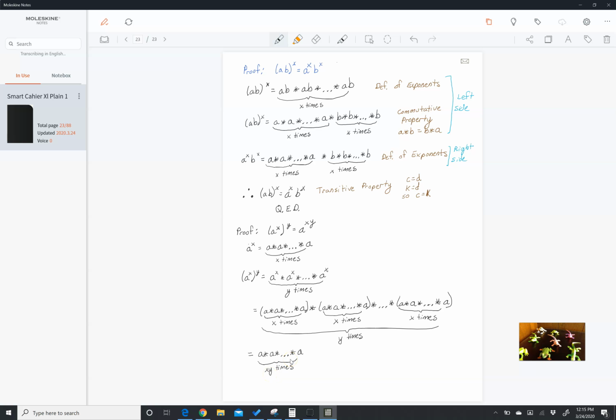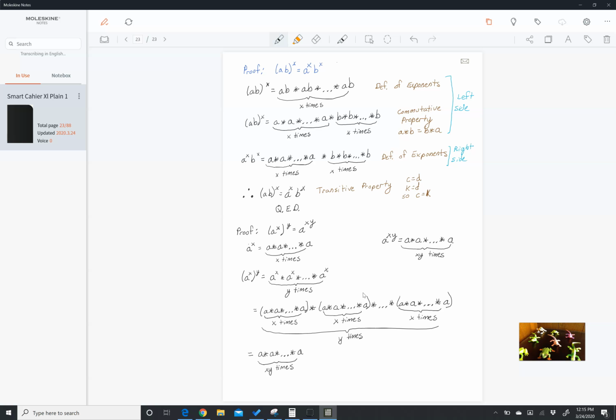And now we did the left side, so we can then do the right side. I'm going to put the right side up here, just so that we don't have to go on to another page. So we have a times a, and this is once again definition of exponents. And we already know that this is x times y times.